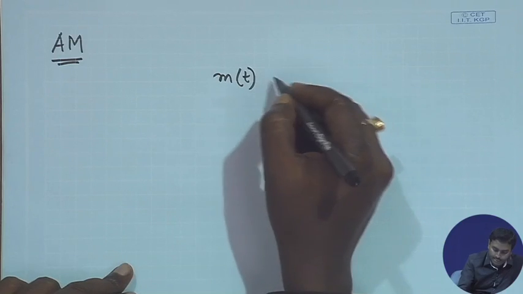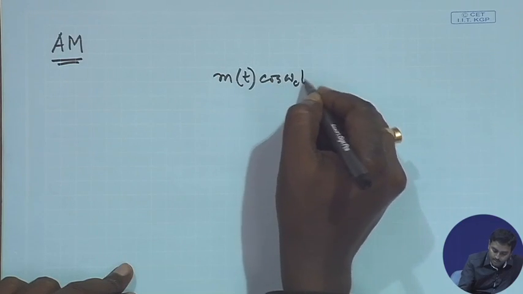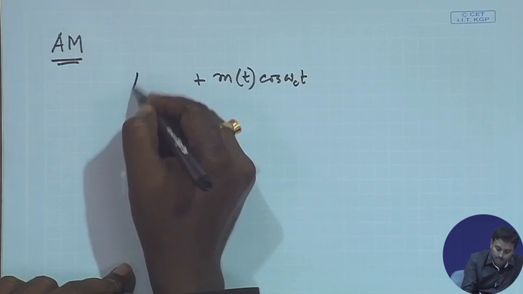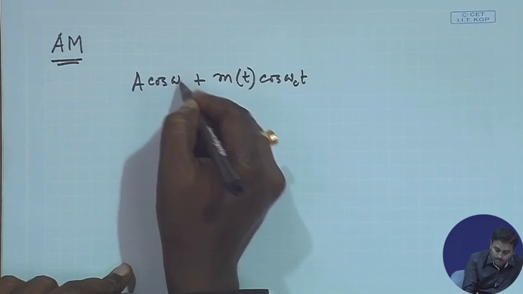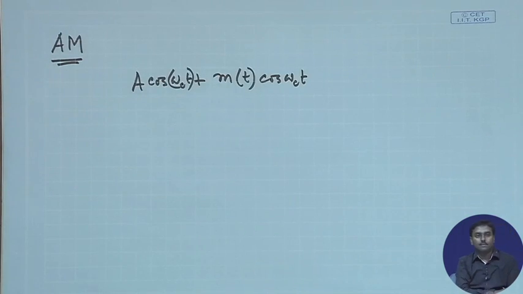What does that mean? That means you were earlier generating mt cos omega ct, I will add a carrier to it, which is pure carrier A cos omega ct, where A is the amplitude of the carrier. So, this is what is amplitude modulation. So, it is a very simple one, but you will see that a lot of advantage will come out of this, and this is being employed for broadcasting generally, because the corresponding receiver becomes very simple.